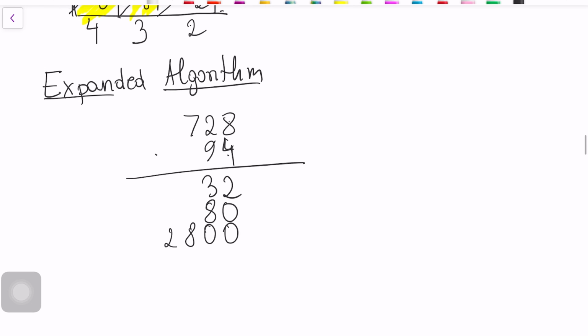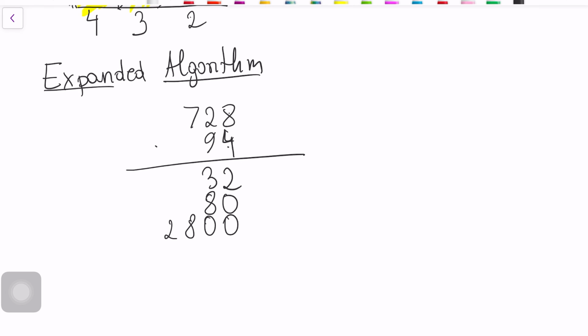Then 9 times 8, that's 72. 90 times 8, right? So that's 72 with 10, because 9 is really 90, because 94. So 90 times 8, 9 times 8 is 72 times 10, so 720.